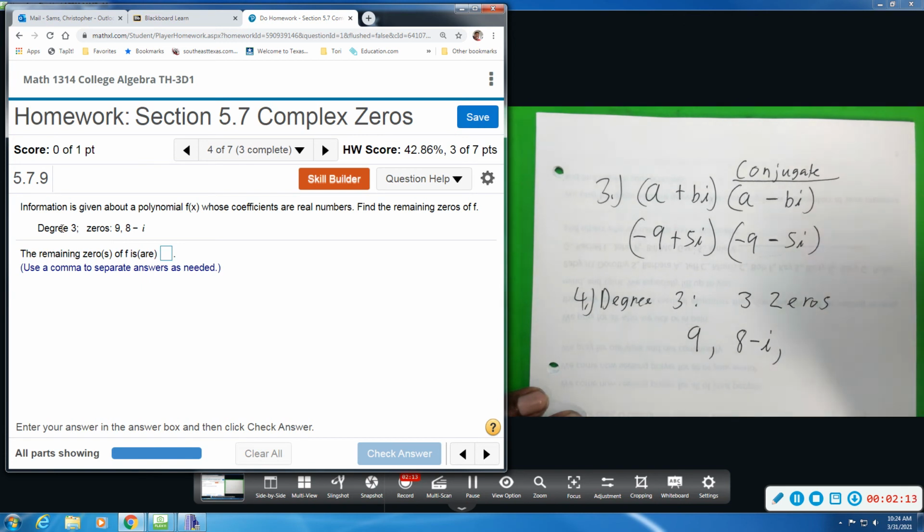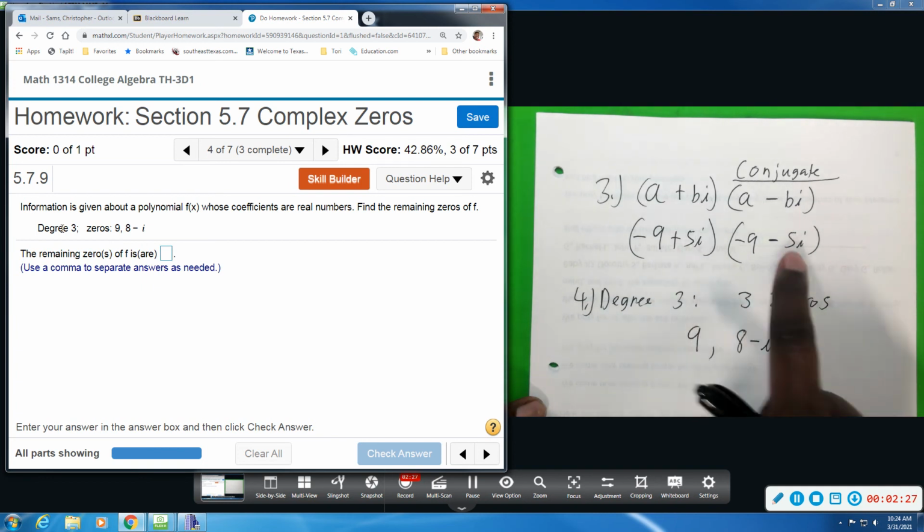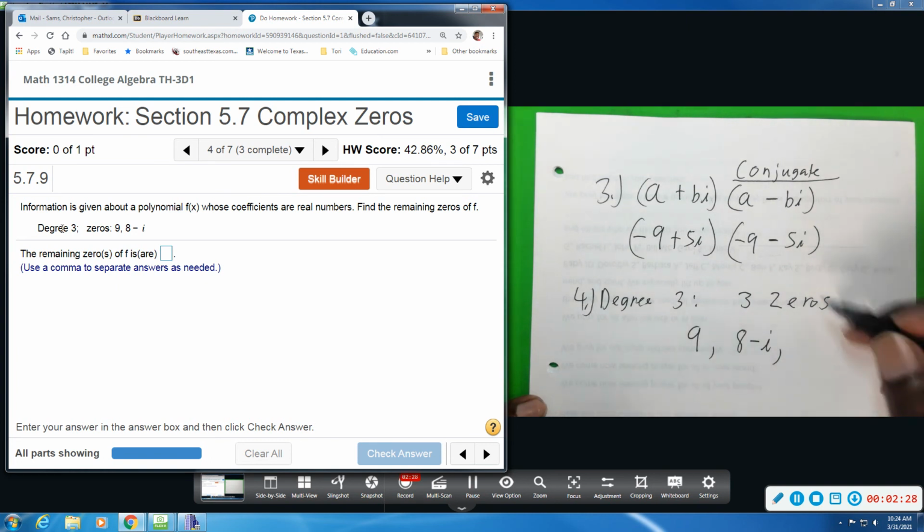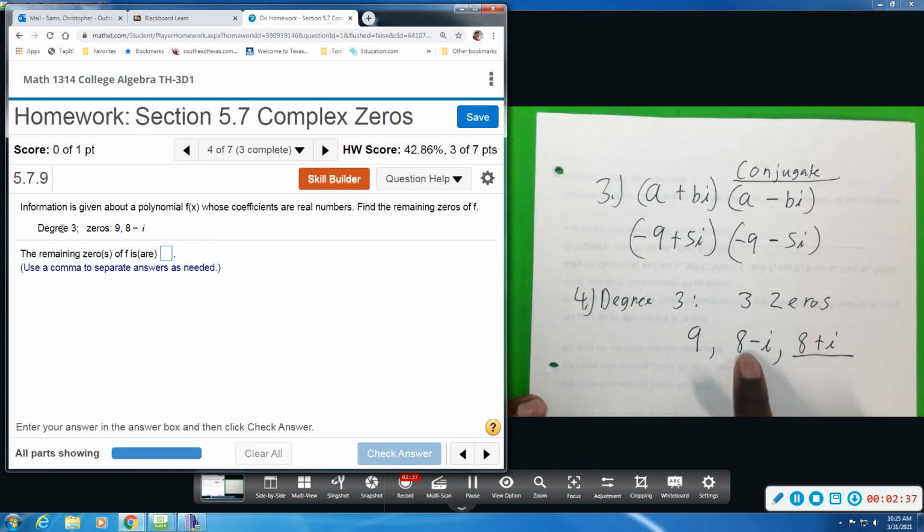Now recall from problem 2, I was mentioning that if you have an imaginary, you're going to have 2 terms. You're going to have the positive and the negative. Right here we see 8 minus i, and kind of like the complex conjugate, that's the idea we get. We should have another one, 8 plus i, because that comes from square root. Anytime you have square root, you have plus or minus.